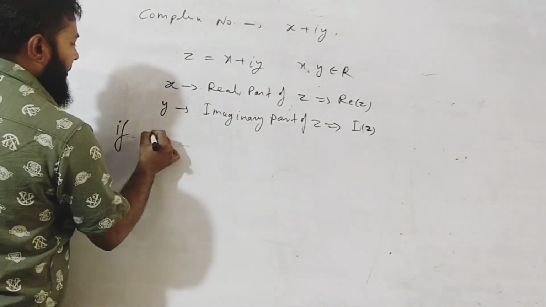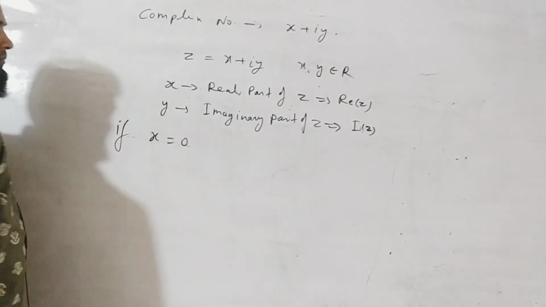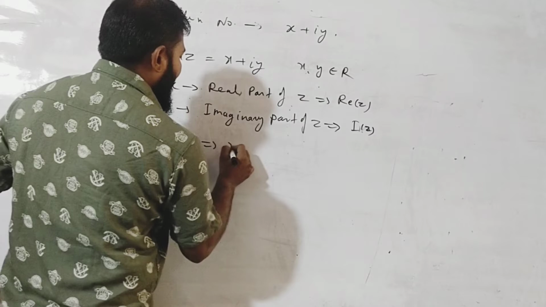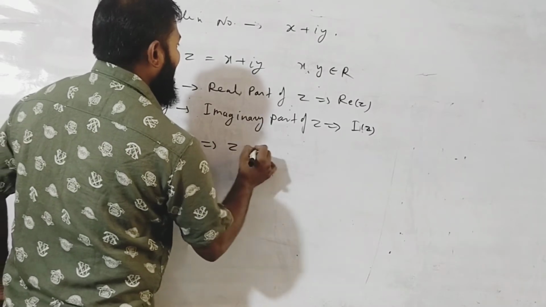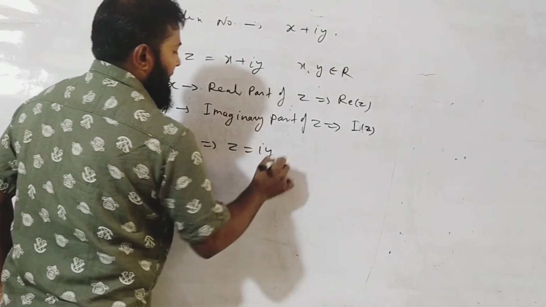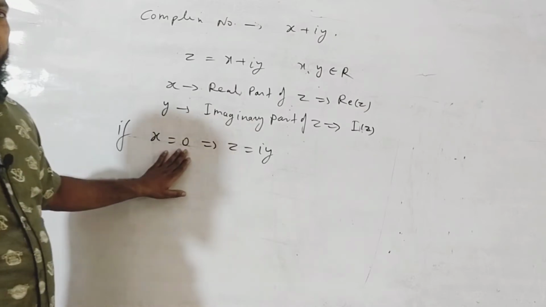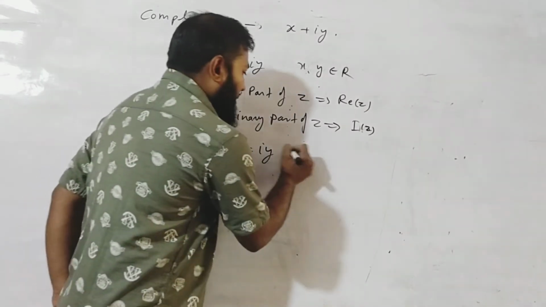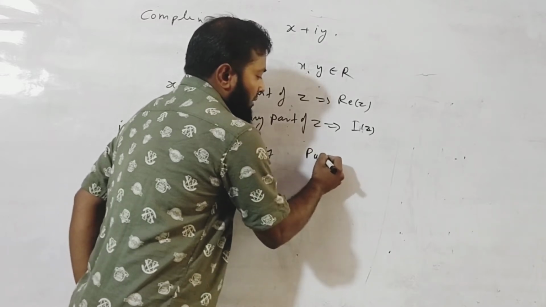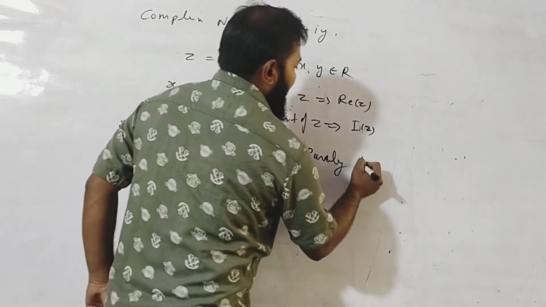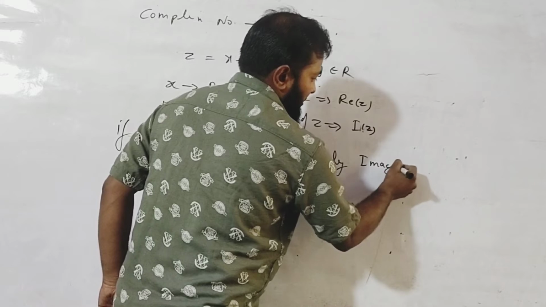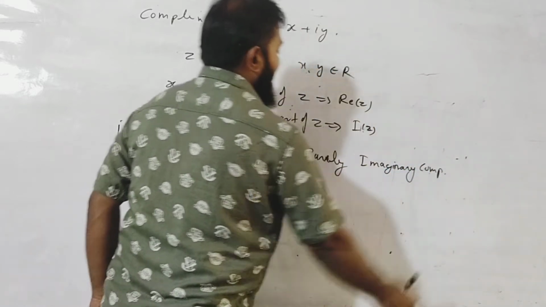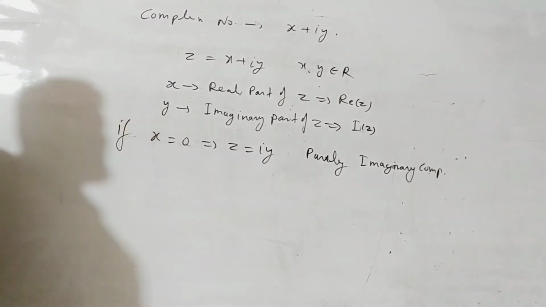If x equals 0, then z becomes iy. If the real part of z is equal to 0, then z becomes iy, and this is called a purely imaginary complex number.